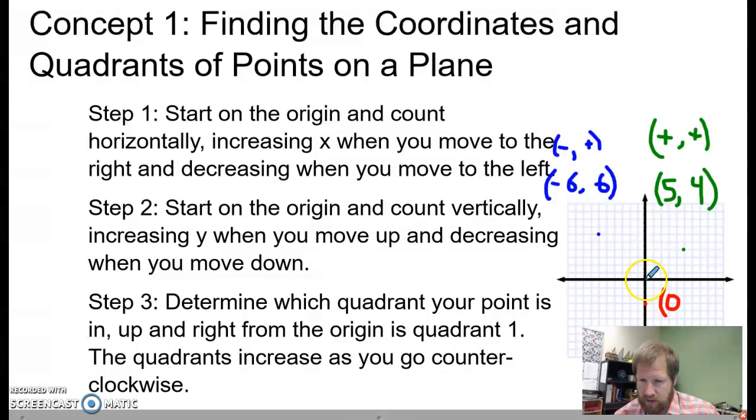So the x value is 0, and then 1, 2, 3, negative 3. Okay. Now, because my point is on one of the axes, it's got 0 for one of its values, it does not have a quadrant. Okay? It doesn't fall into any quadrant. All right. It is outside the bounds of every quadrant because it's on the x or y axis.